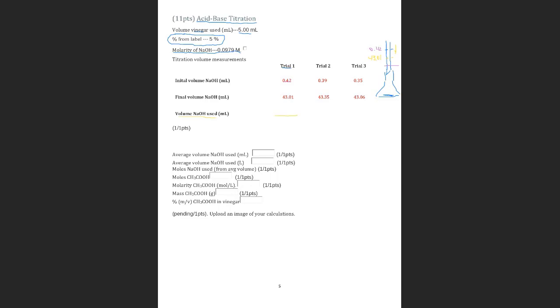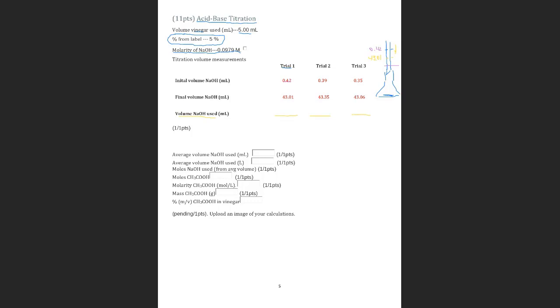What are you going to write here? How do I know if I have the final volume of the burette and the initial volume? How do I calculate the volume used? It's going to be the final volume minus the initial.